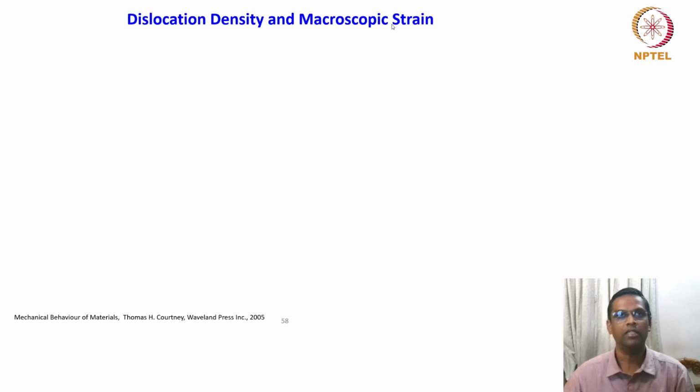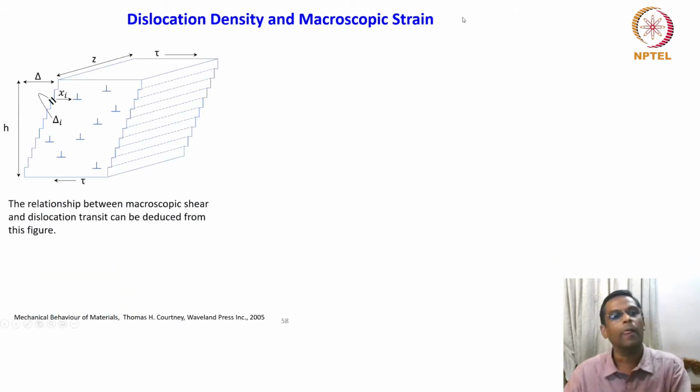Ultimately, the dislocation produces a shear strain in a very localized manner. If you consider all the displacement produced by each dislocation in this material, ultimately they should contribute to the total strain, or macroscopic strain.